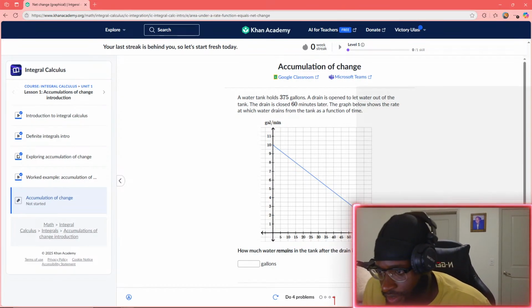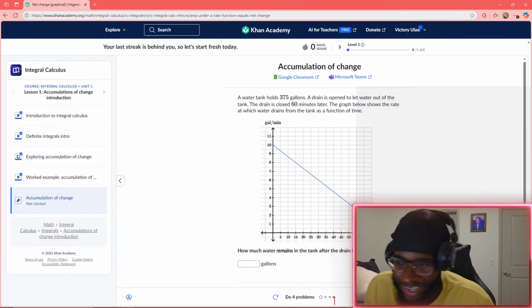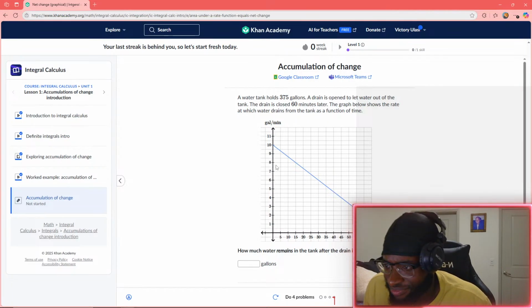Let me just take the area, right? Is it the gallons lost per minute? Yeah. The rate at which water drains from the tank.